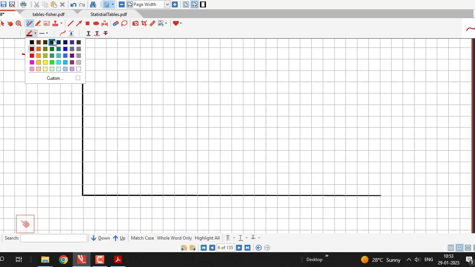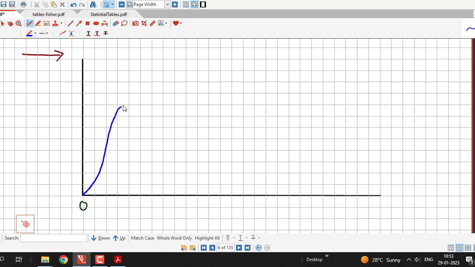It is always non-negative, and we roughly sketch the graph of the F distribution with a longer tail on the right side.